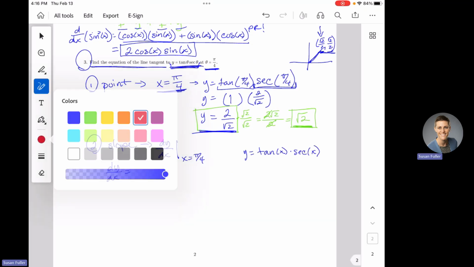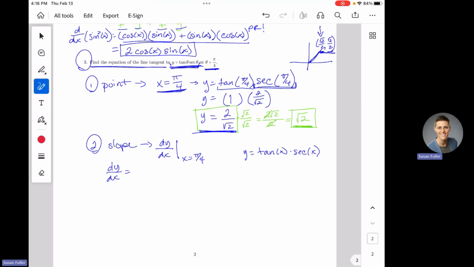And then to do our derivative, I have something with x's in it times something with x's in it. That says product rule, which means here's my f, here's my g, and we're going to rock with our derivative rule. F prime times g plus f times g prime.